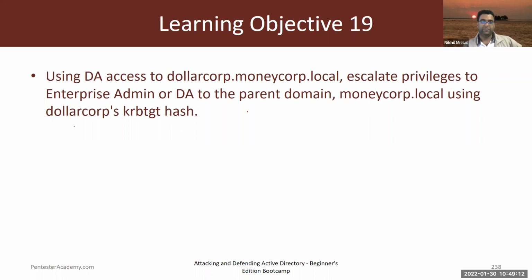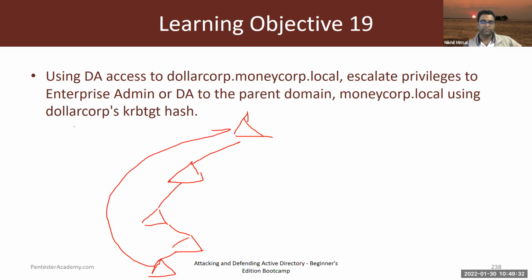If this was an environment, if this was a forest, where there would be multiple domains, multiple trees, and if even one of the domains in the entire chain was compromised, someone can effectively go from this to here, and once they are here in the forest root, the entire forest is gone for good.